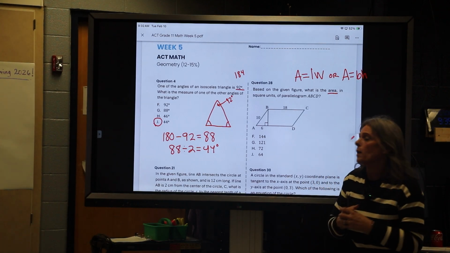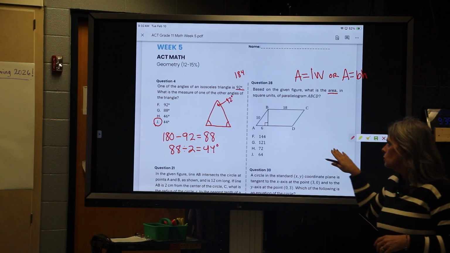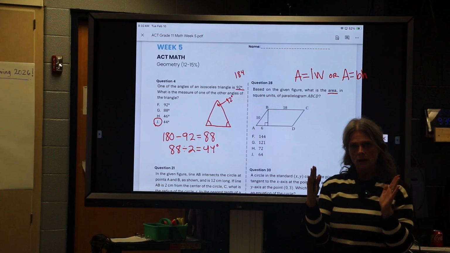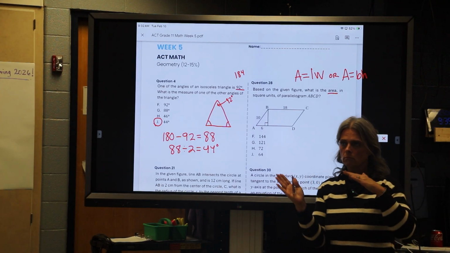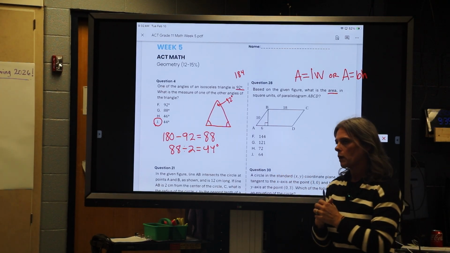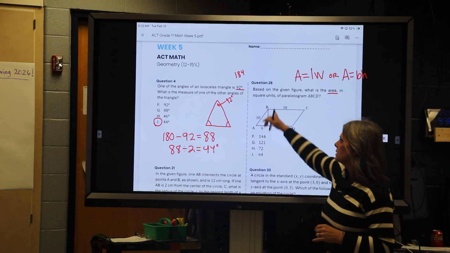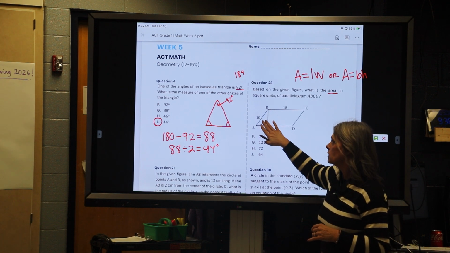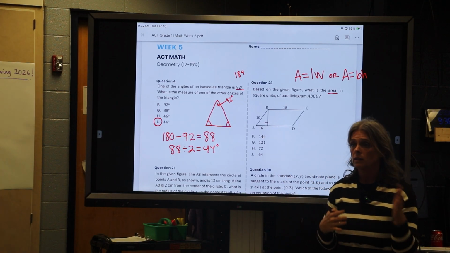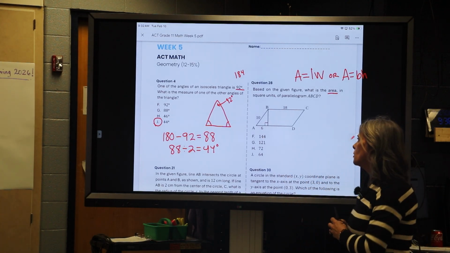You could kind of say it either way. So for this particular one, it's not a rectangle, it's been skewed, which means it's got a different kind of angle on it, okay? So we need to figure out what is the height of this particular triangle over here so that we can go ahead and multiply the length times the width, okay?